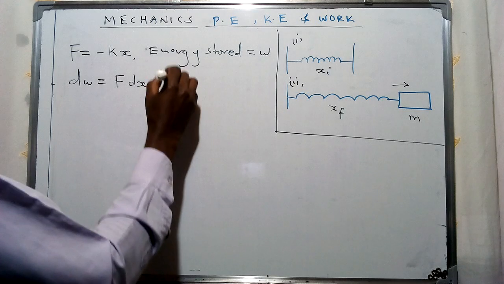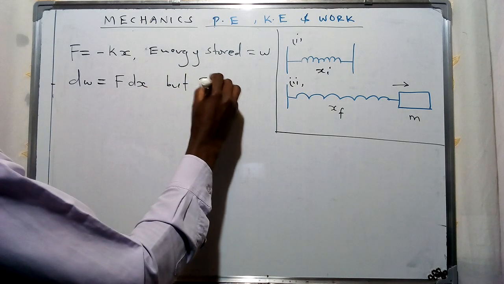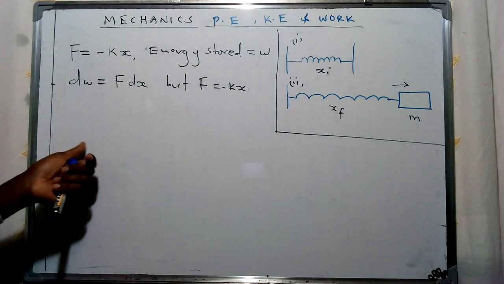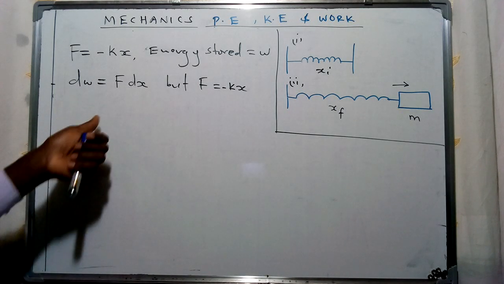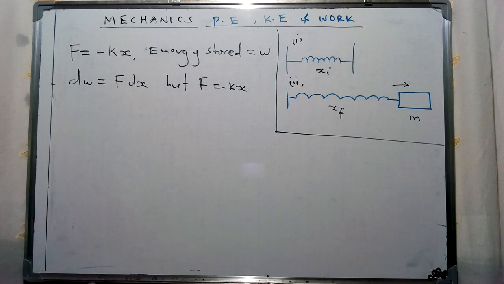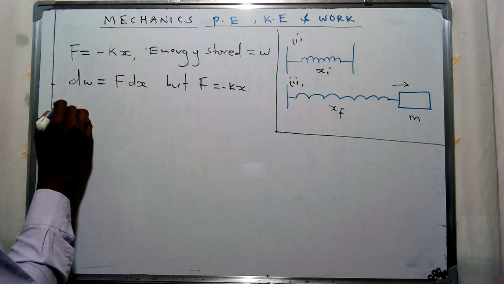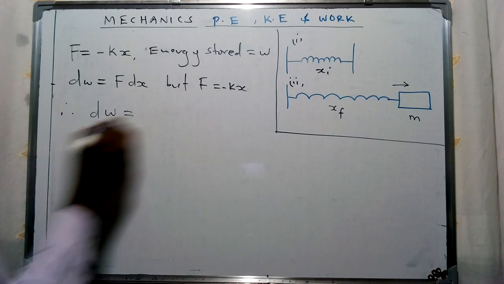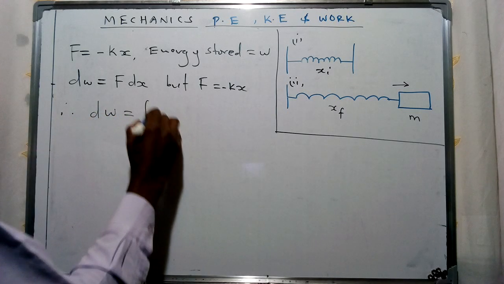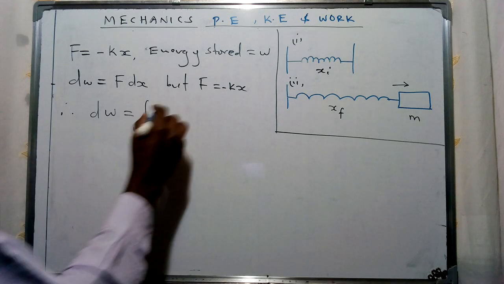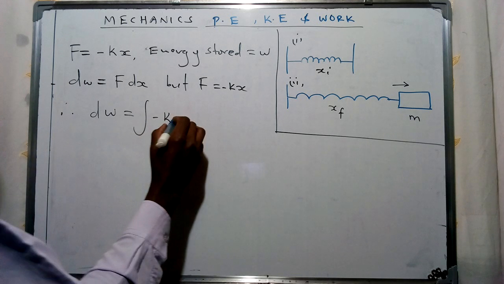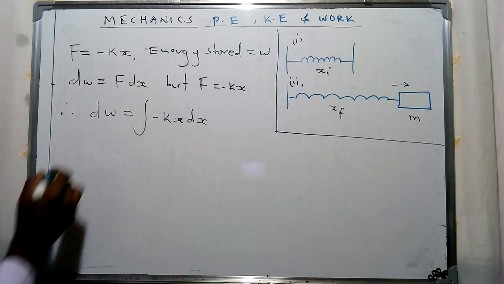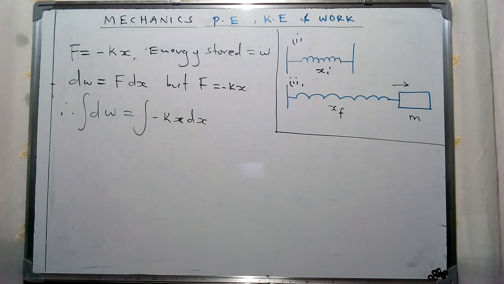But we have said that force can be given in terms of negative kx. Therefore, we can find this element of work done by representing it using this element of force, whereby the element of work done is equivalent to the integral of negative kx dx. So summing up all these elements is going to give us a general impression of the work done.